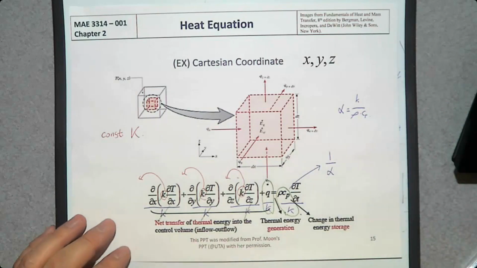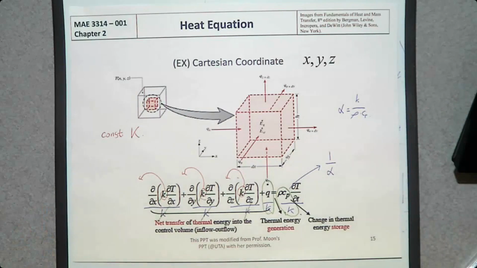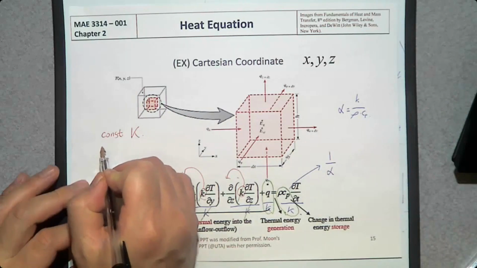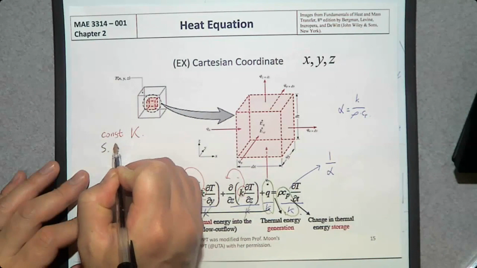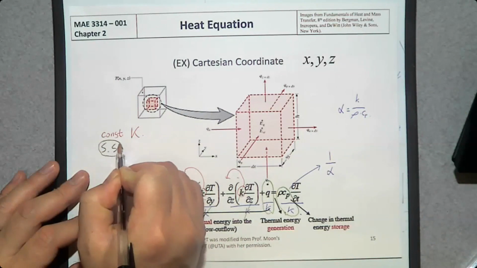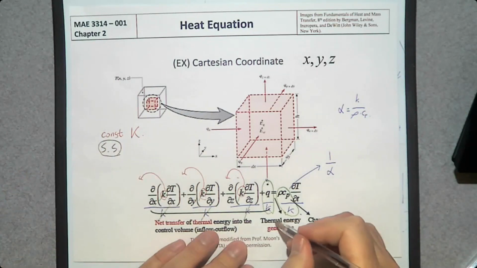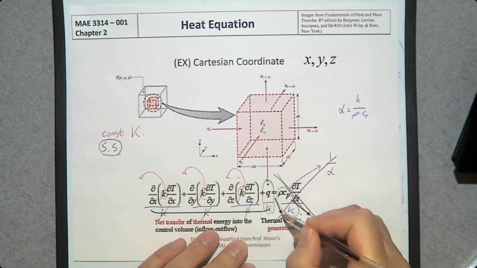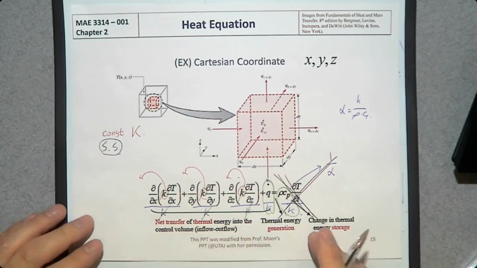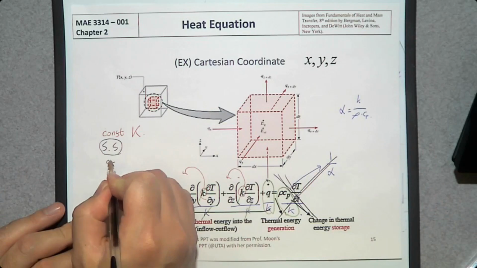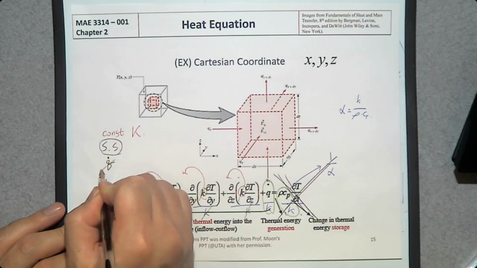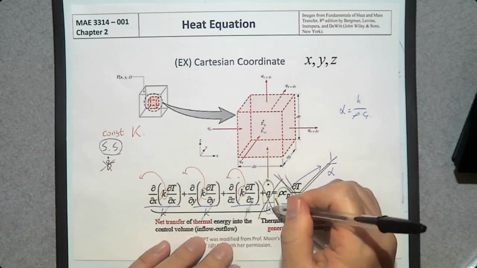Then we can say this is time independent. In other words, steady state. If we say it is steady state, you can neglect the right-hand side, which is the time-dependent term. And we can also say there's no heat generation. Then you can neglect this one.